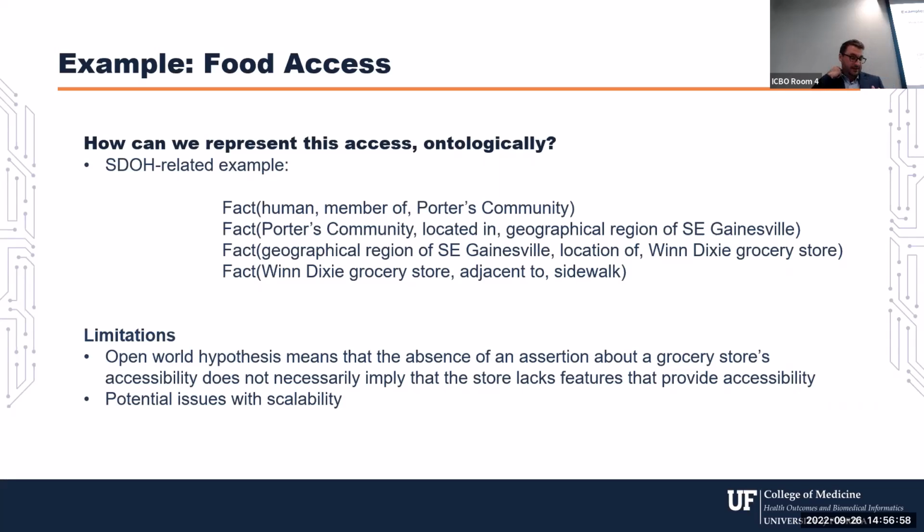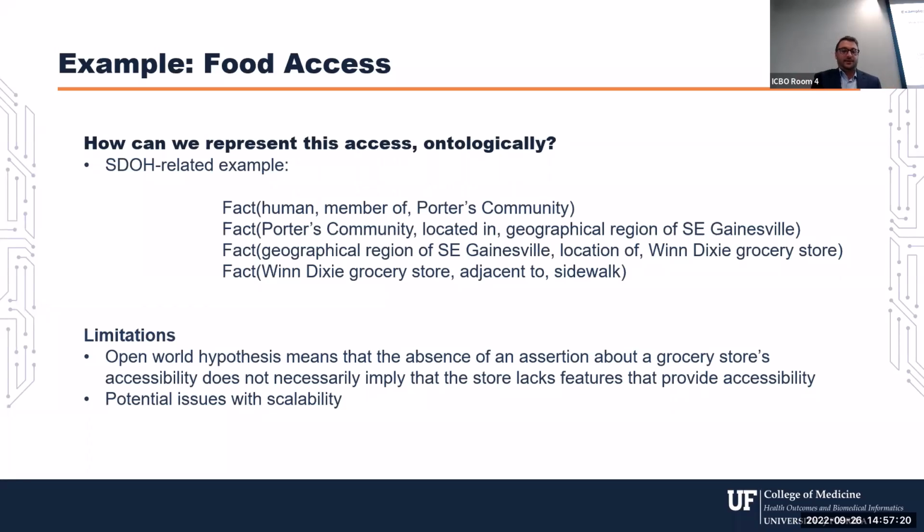If you wanted, so this is where it gets complicated, partly because of the open world hypothesis, how do you identify somebody who does not have access to that? One idea possibly is just to take the difference of patients who meet this criteria from the total population and look at those who are left over.